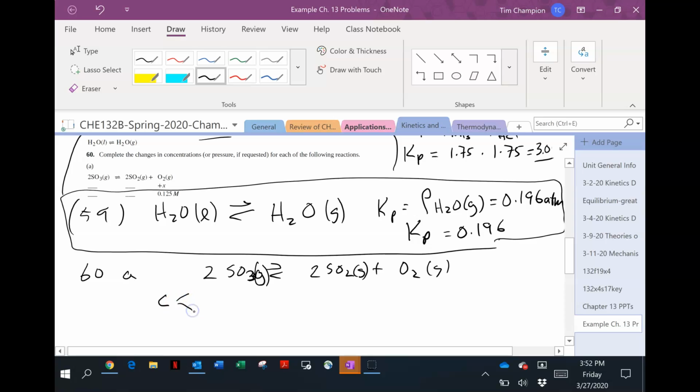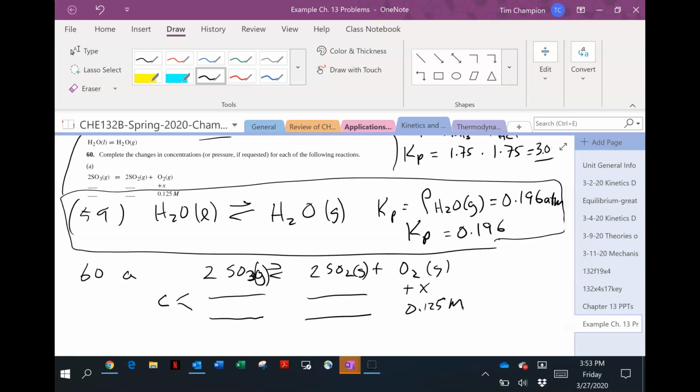One version of it is in algebraic form. The other one is giving us a version in actual numbers. So what we're given is plus x over here, and we're told that that's 0.125 molar. So again, it's the change line, and we're looking at it both ways. We're looking at it in terms of x, and we're also looking at it in terms of actual numbers.